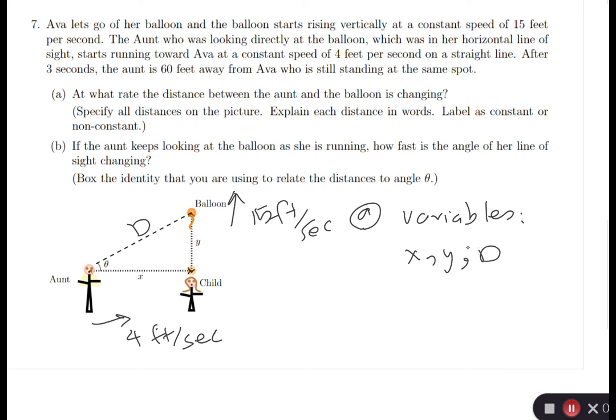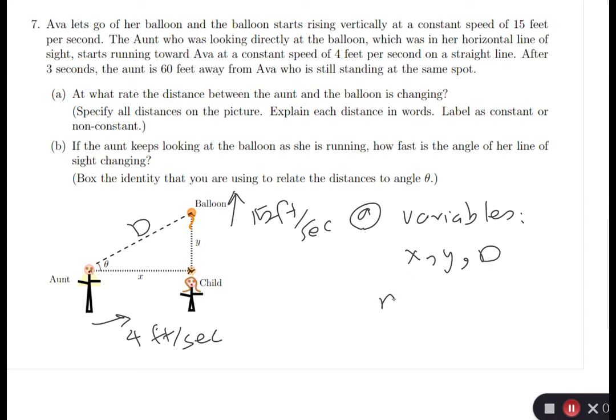Now, what else do we know? Do we have any constants? No, we don't have any constants per se. And what rates do we know? There are 2 rates that I actually know. One of them is this 4. Because the ant is running toward Ava, the distance is decreasing.